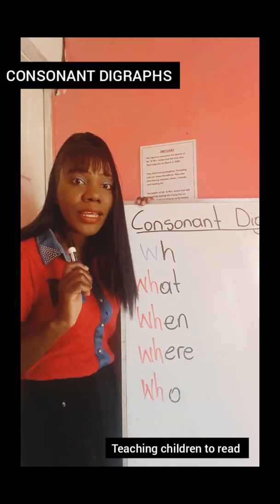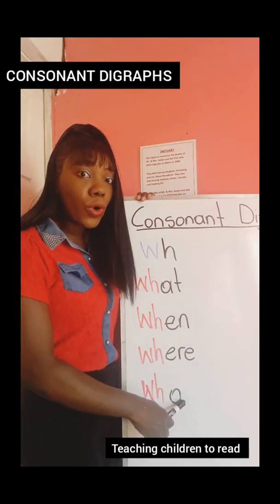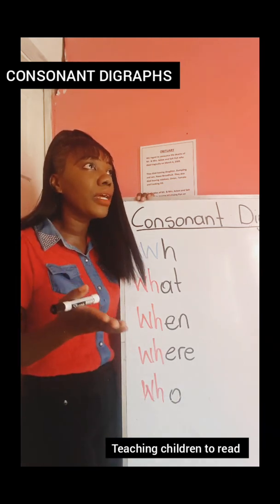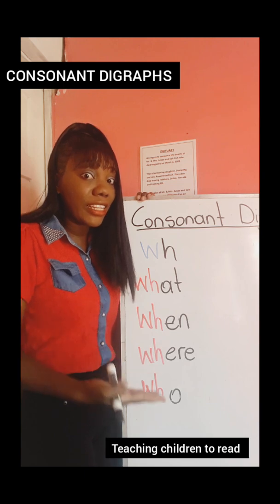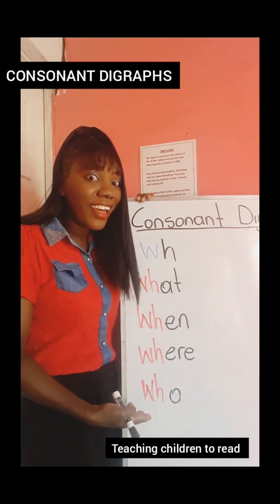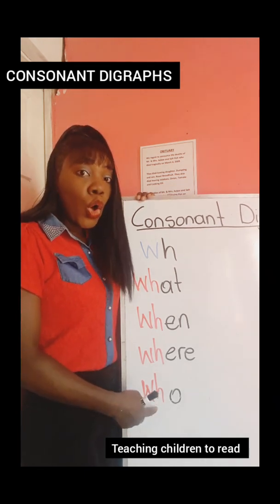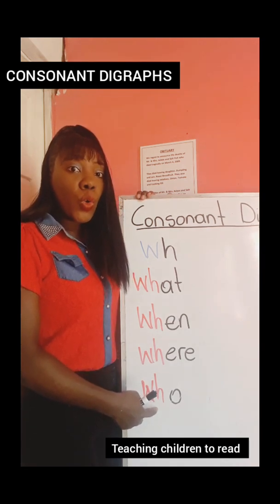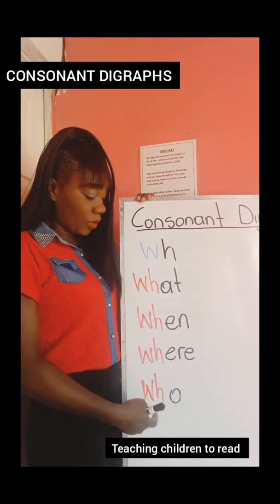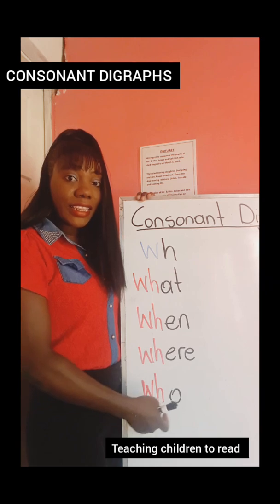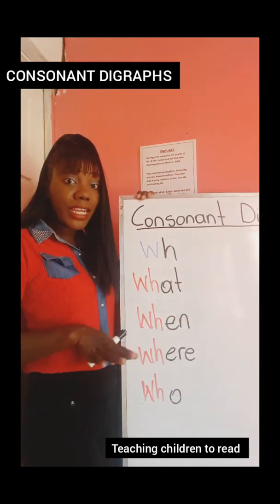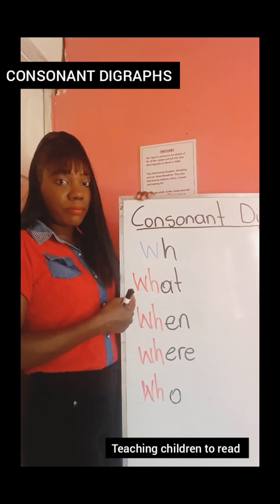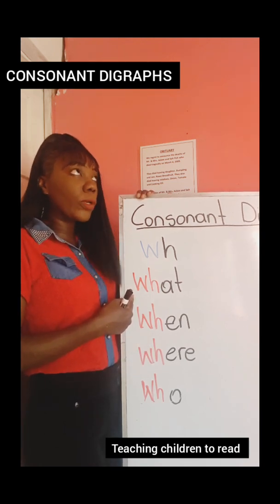But guess what? You see in this word, who? I don't know what happened, but the W gave H a chance to talk in this word. So you say who. It's only in this word you will hear the H talking. But in the other WH words, it's just W, because W is always talking.